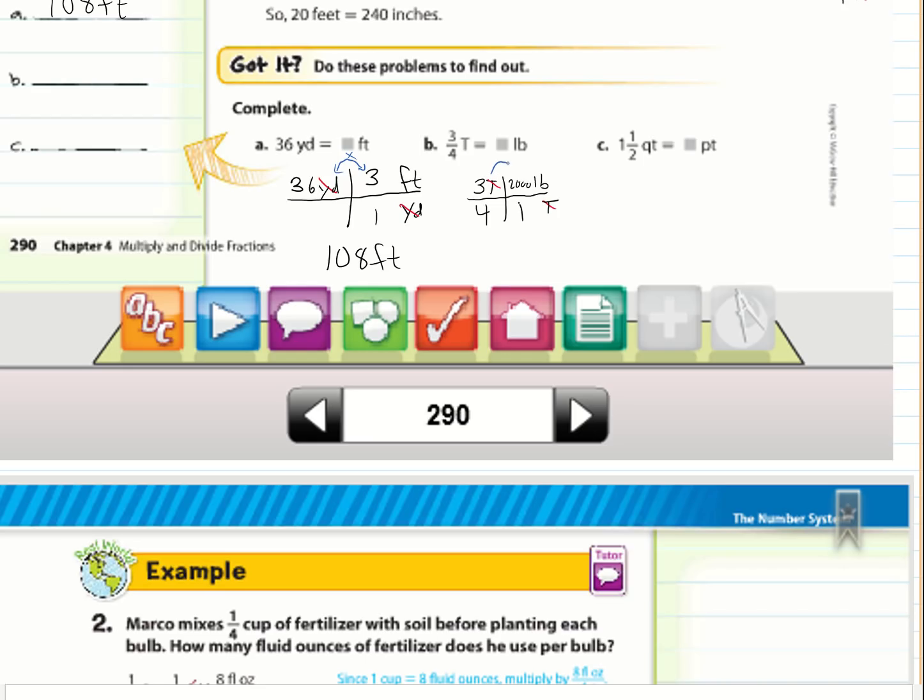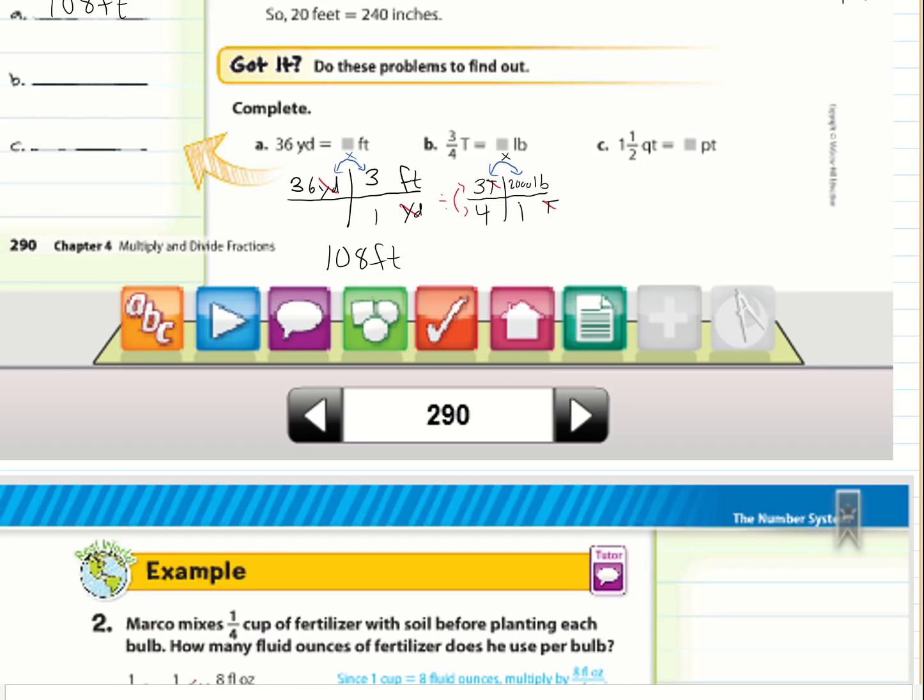I can multiply 3 times 2,000 first, or I can divide first, because 3 and 4 do not divide, but 2,000 and 4 do divide. So 2,000 divided by 4 gets me 500, and then 3 times 500 equals 1,500.